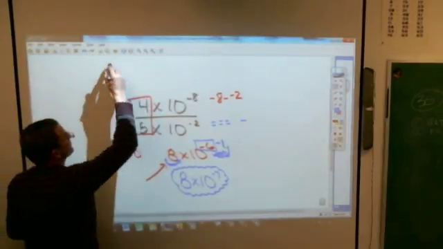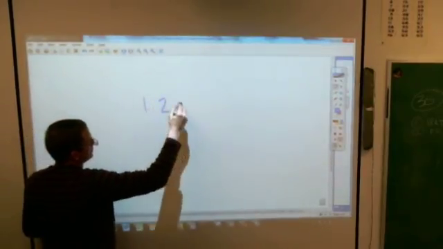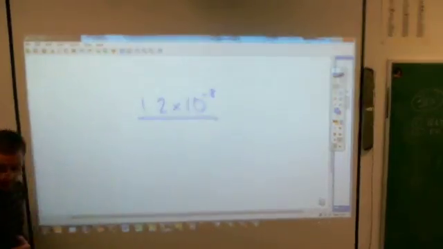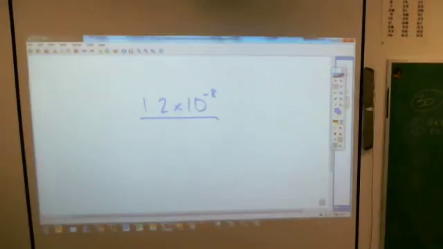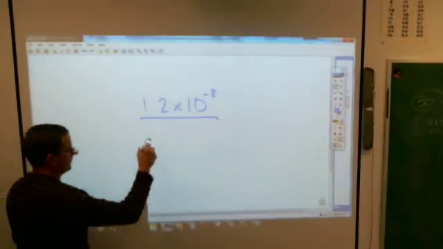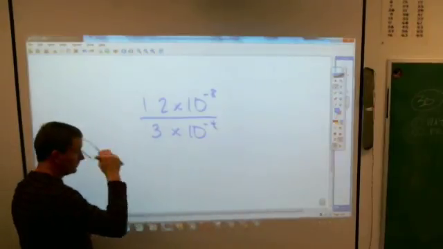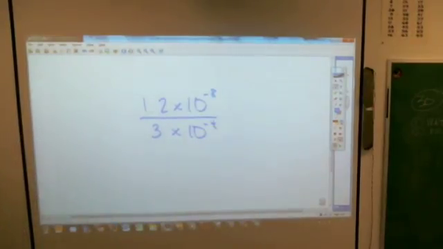Apparently they like the 10 to the 8th. 1.2 times 10 to the negative 8, all divided by 3 times 10 to the negative 4th. Tell me what you get. You do this all the way out. And the trouble is going to come because it doesn't give you a number between 1 and 10. Then you're going to have to change it.